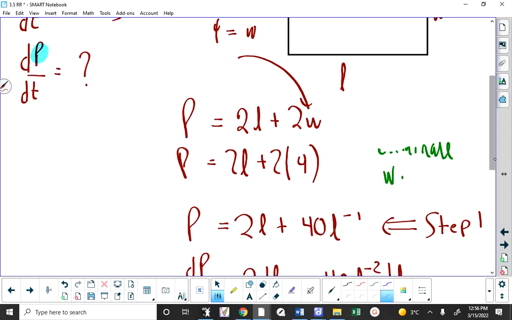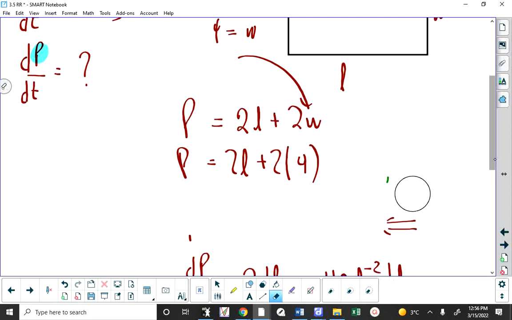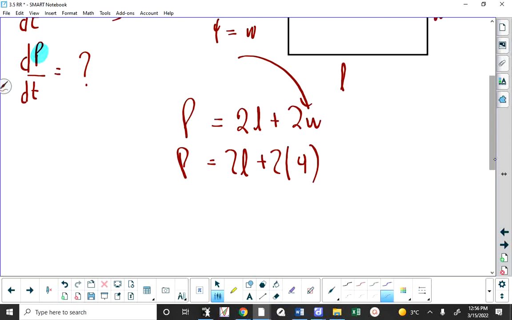If you did that, and I'm glad you asked about that, because there's that temptation there to go, oh, I got to get rid of that variable. Let's just dump a number in. This, I'm not going to rewrite it. 2 times 4 is 8. dp dt then would be equal to 2 dl dt plus nothing because the derivative is 0.